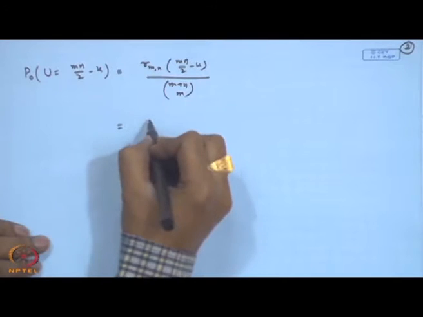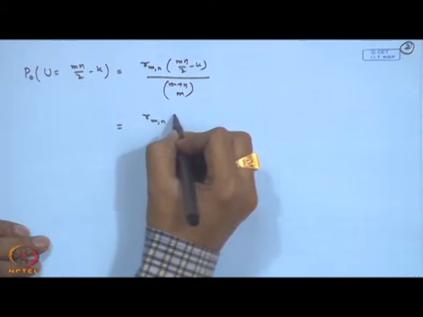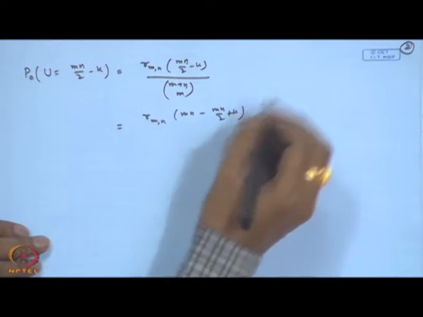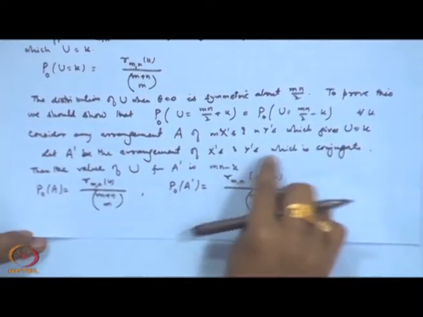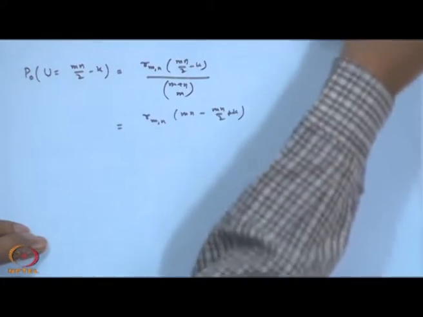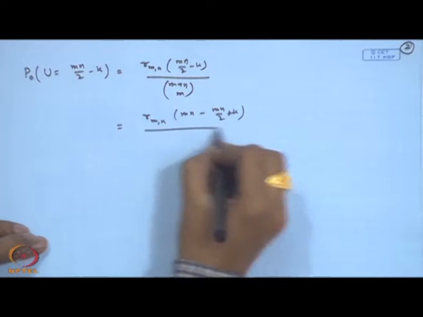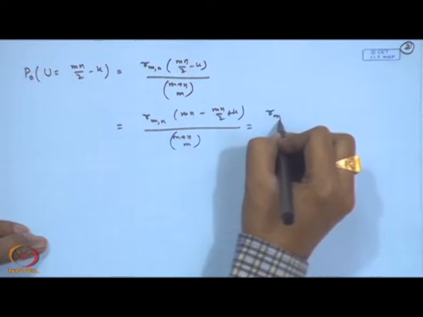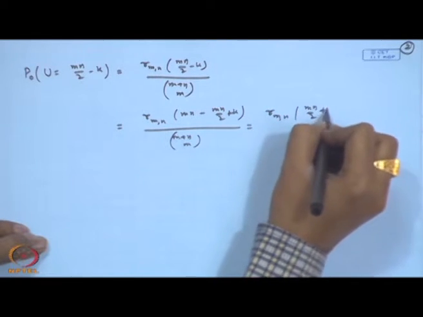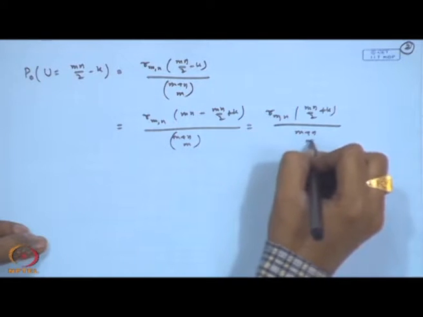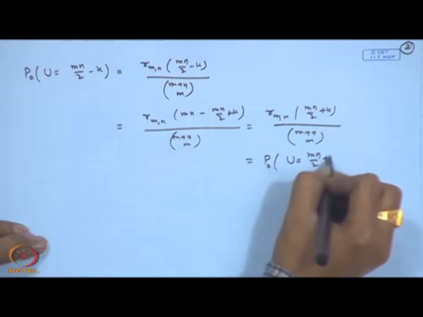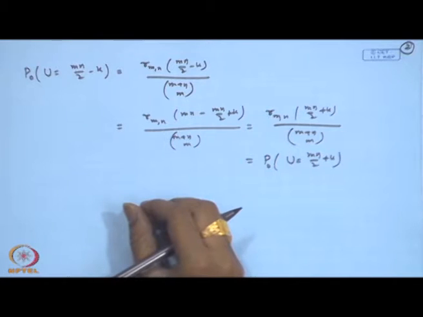Now, that is equal to R m n (m n minus m n by 2 plus u), because here we have just interchanged them, divided by m plus n choose m, that is equal to R m n (m n by 2 plus u) divided by m plus n choose m, that is equal to the probability of U is equal to m n by 2 plus u. So, we have proved that the distribution of U is symmetric about m n by 2.